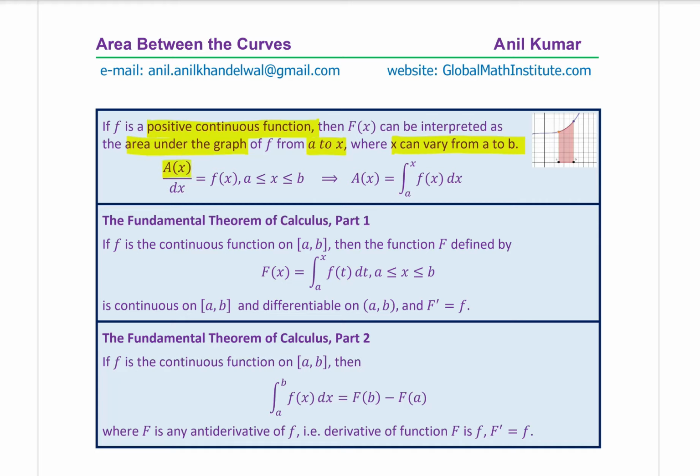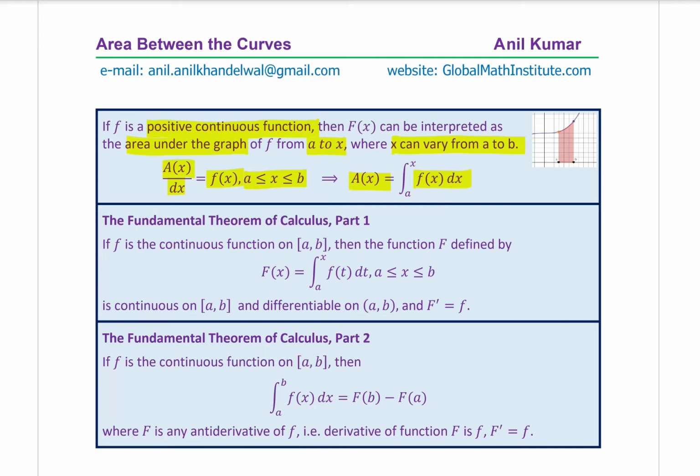So rate of change of area is equal to the function itself when x is between the closed interval a and b. So from antiderivatives, you can actually get the area under the curve. So that gives you the link between derivatives and integrals. So A of x is basically the integral a to x of f of x dx.